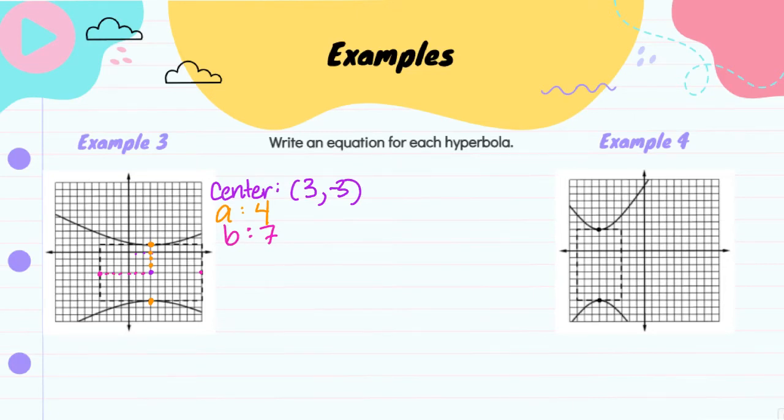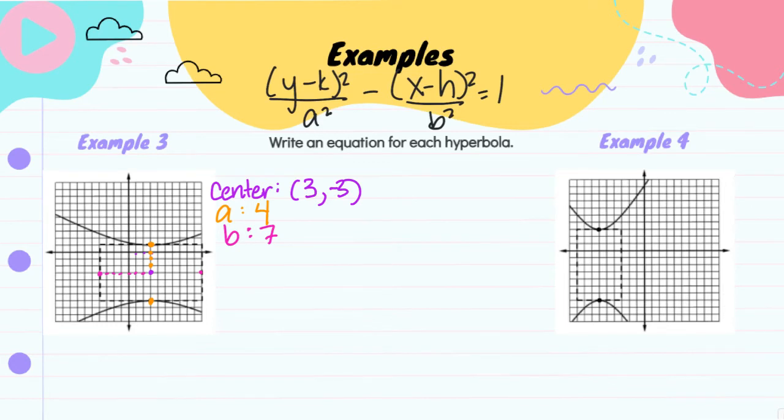Okay, so now since this is a vertical hyperbola, we need to use the vertical hyperbola formula, which is y minus k squared over a squared minus x minus h squared over b squared equals 1.